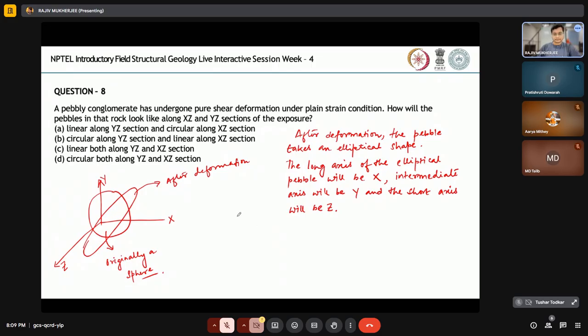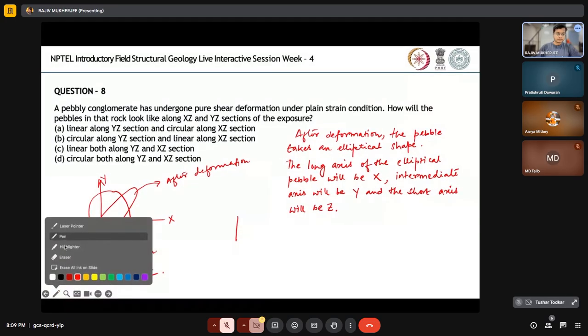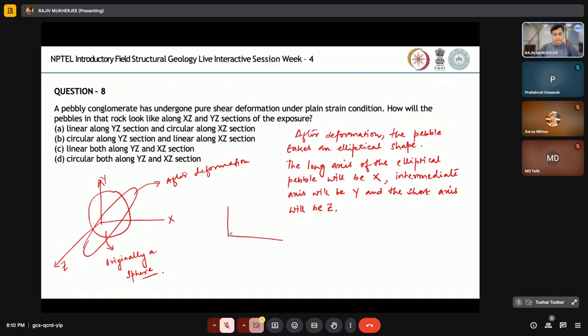So in that case, this is how the pebble will look, right? Now if I cut a section along xz, if I cut a slice along this, what I will find is it is extremely flattened.